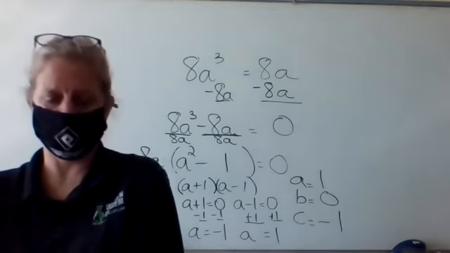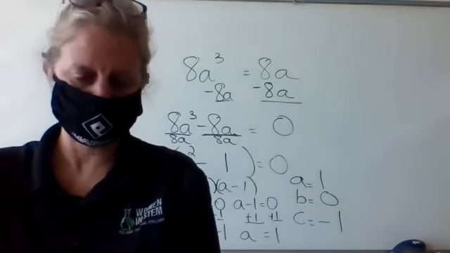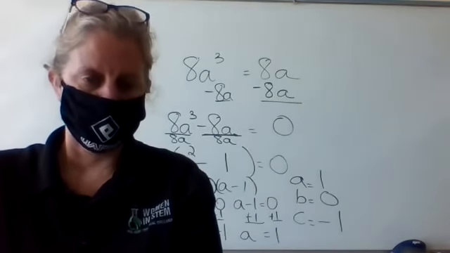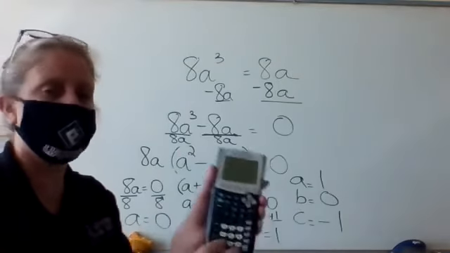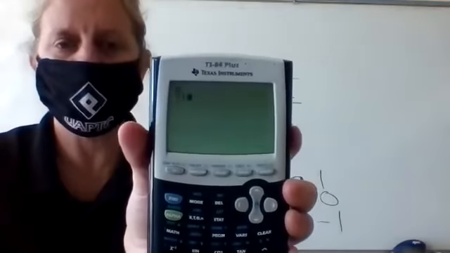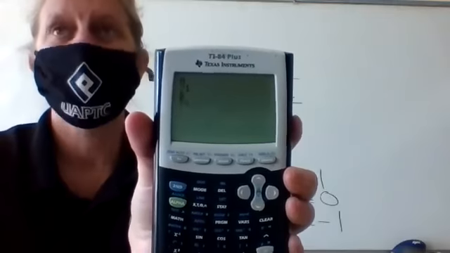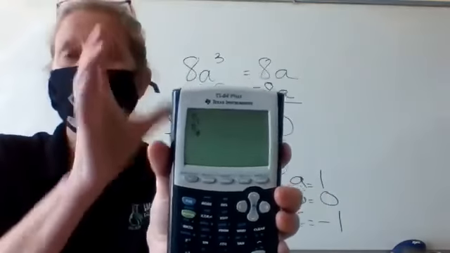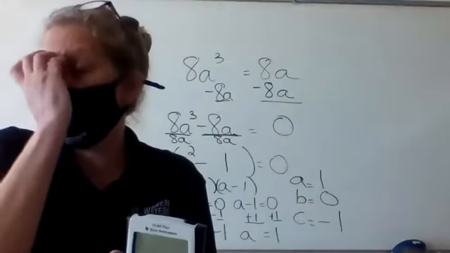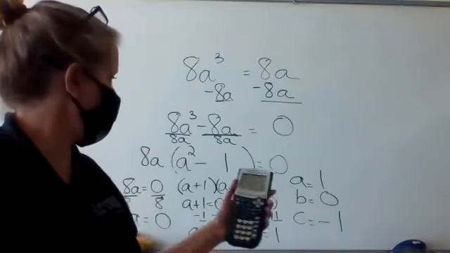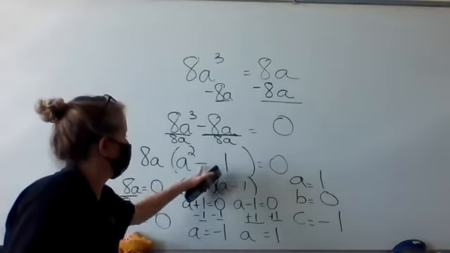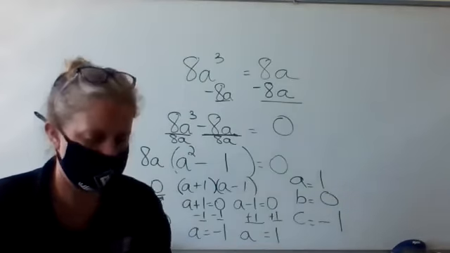If you did do your program, make sure you type in the right things for a, b, and c. A is 1, because that's what's in front of your squared term. B is 0, because there is no term that just has an a. So I put in 0, and then c is the constant, which is the number that doesn't have a letter, so it's negative 1.